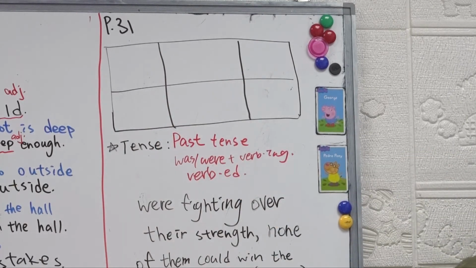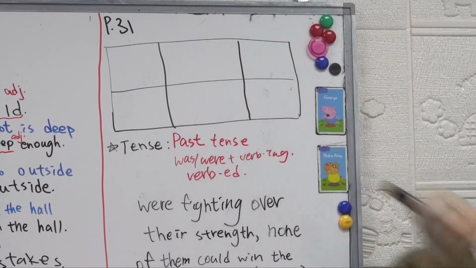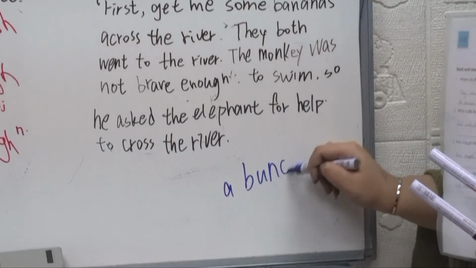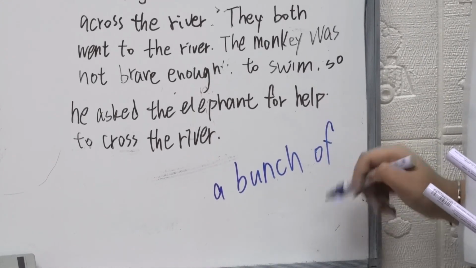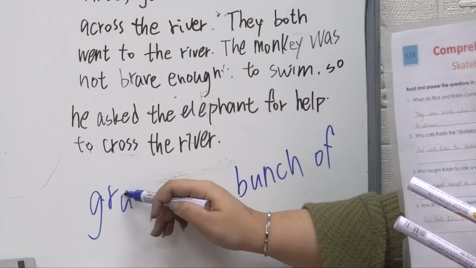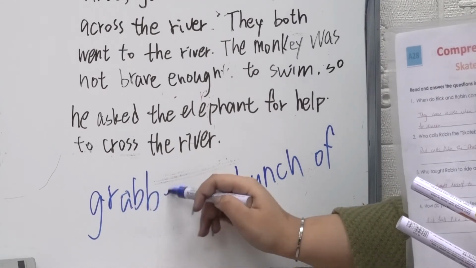Yes, the elephant could not climb the tree to get the banana, while the monkey could climb and grab a bunch of bananas. Do you know how to spell bunch? A bunch of bananas, and grabbed. This is how we spell grabbed. Okay, you may write that down.